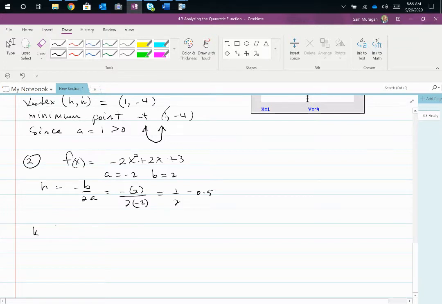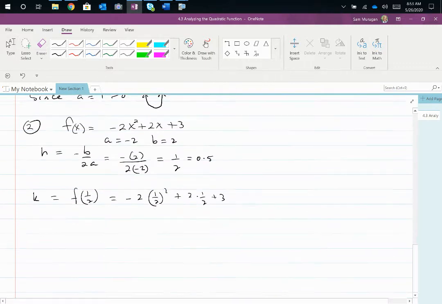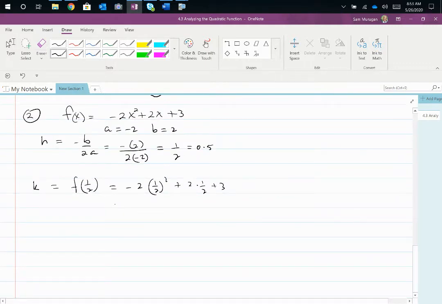For the k value of the vertex, we would substitute half into the original function. We have negative 2 times half squared plus 2 times half plus 3. So this is equal to negative 2 times half times half, so this is negative half.